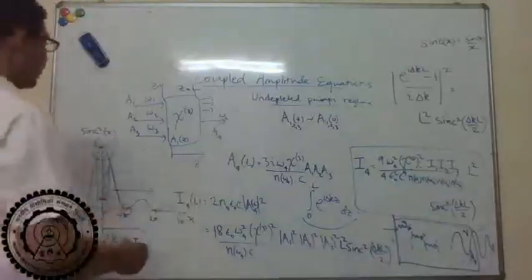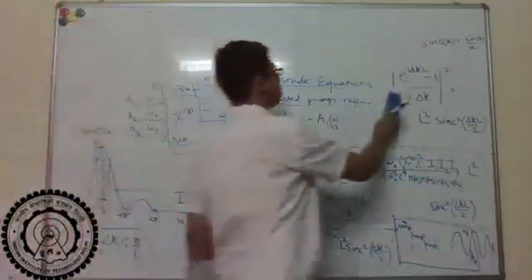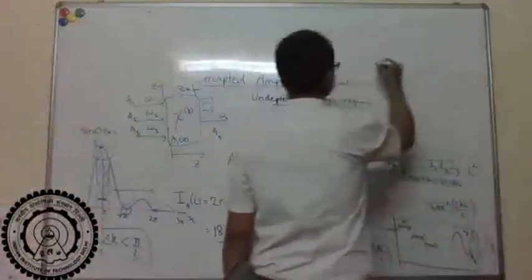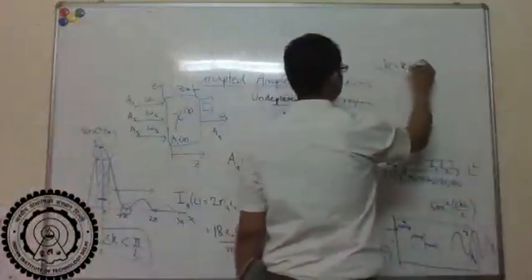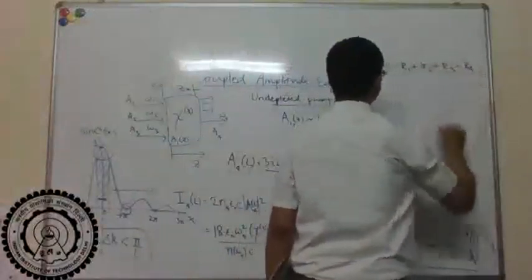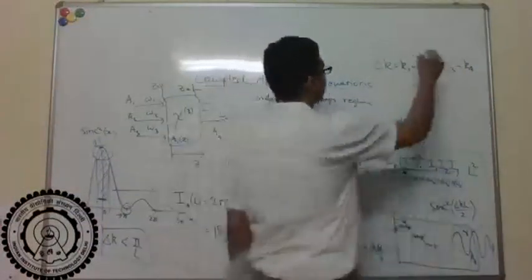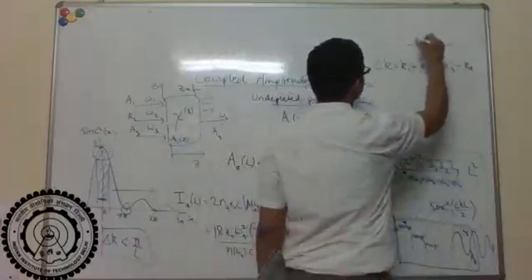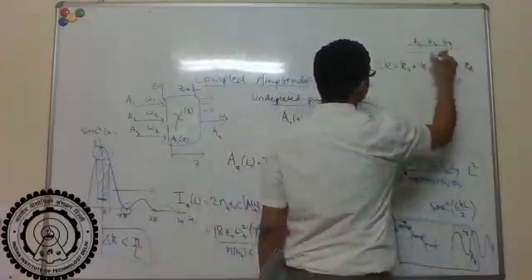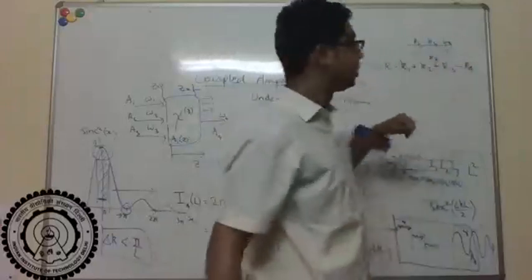So if you look back at what delta k is, delta k was k1 plus k2 plus k3 minus k4. So it's some wave vector mismatch. I'm adding k1, k2, k3, and then seeing how it compares with k4, which is my generated wave vector.